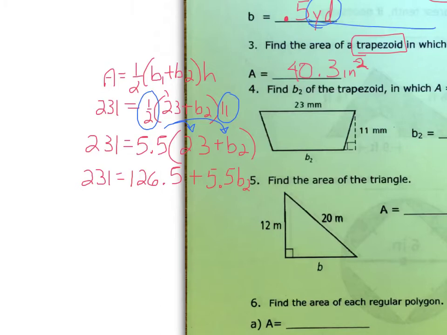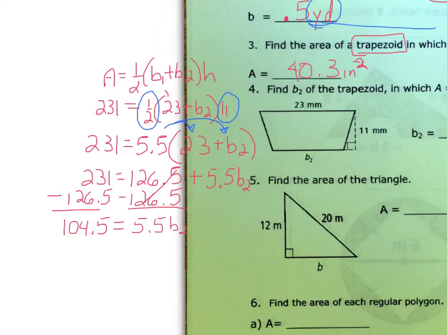Now this is a two-step equation. Let's get rid of what first? The 126.5. Whatever is added or subtracted, you get rid of that first. So subtract 126.5 from both sides. We subtract that from 231, and it's 104.5. That equals 5.5 b sub 2. And then you divide by 5.5.